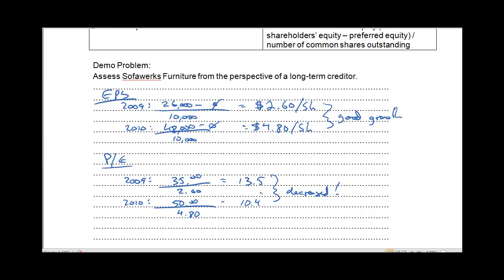In other words, in 2009, for every dollar of earnings, the shares cost you $13.50, and in 2010, that cost has gone down to $10.40. This number is going to have significance when compared with what other stocks in the industry were doing, but it's cheaper to buy this stock now, to buy the earnings generated by this stock now, than it was in 2009. Why? Don't know, but let's keep looking.